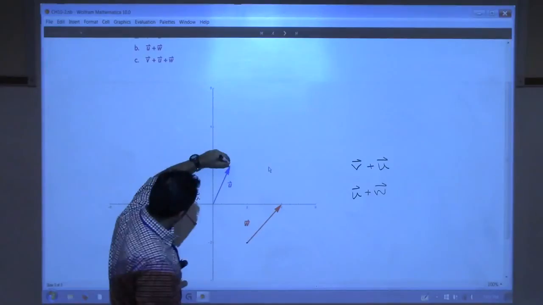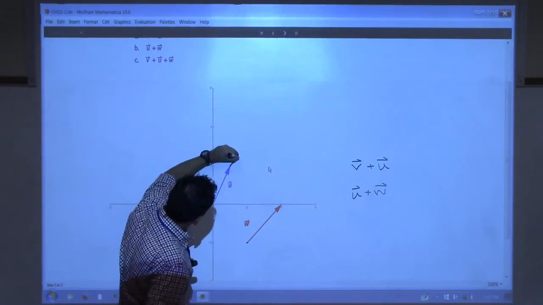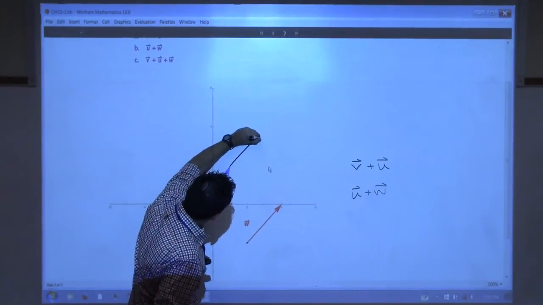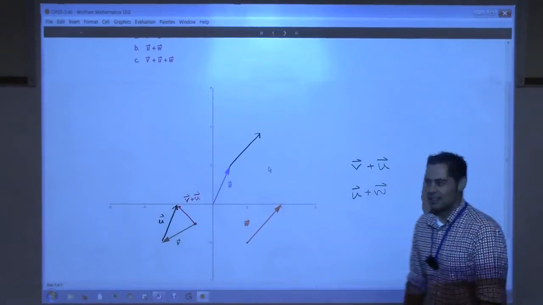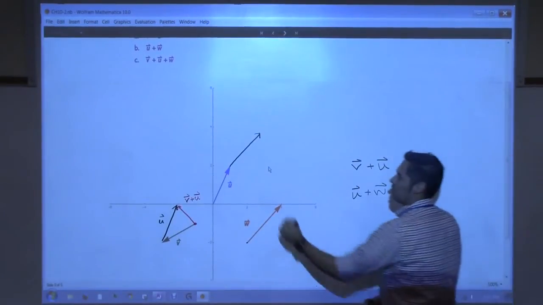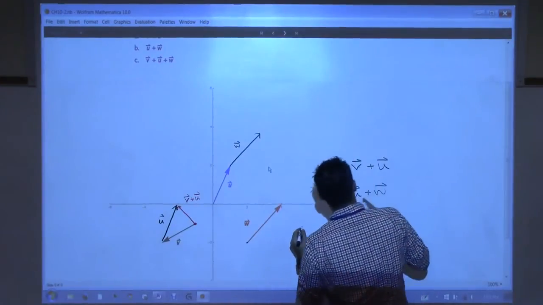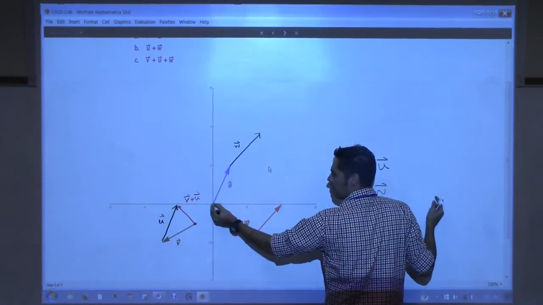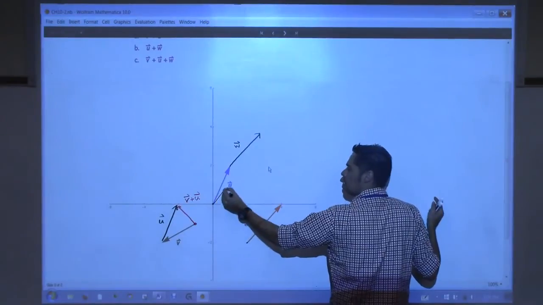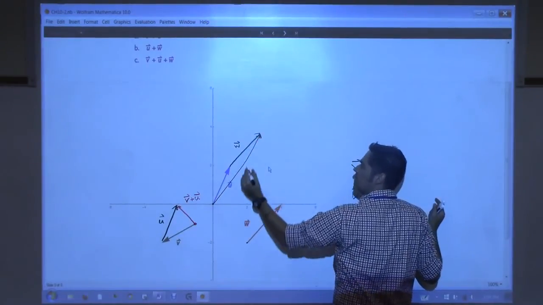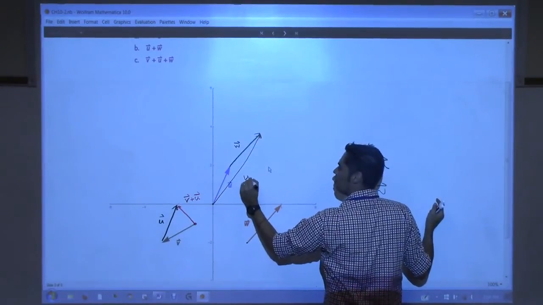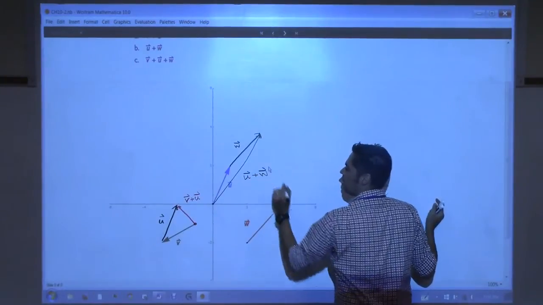So what do you say? Something like, I don't know, is that good enough for you? Good enough? All right, so this is w. And then u plus w will be the vector going from the tail of u to the tip of w. So u plus w is there.